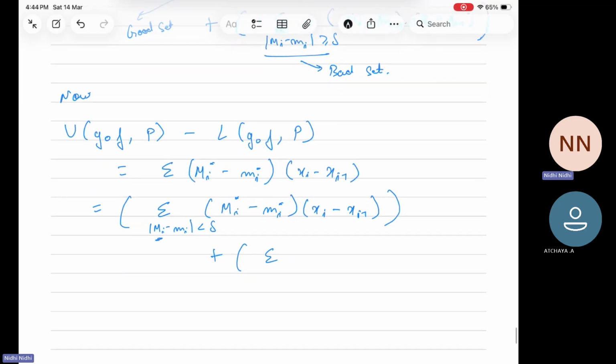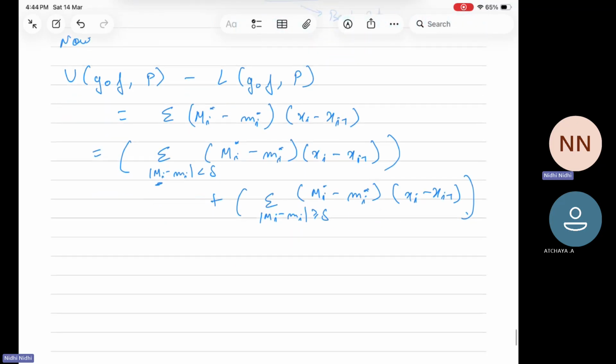That's why there we had capital M, just mi, not Mi star, times xi minus x(i-1). Basically the sum over good points and the bad points.